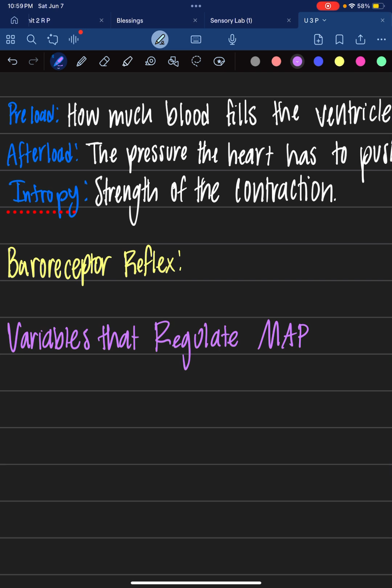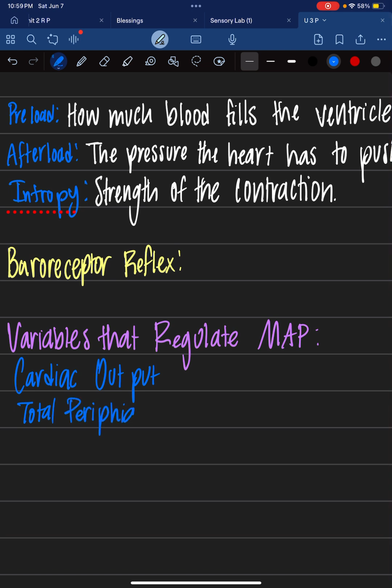It's regulated by cardiac output, which is how much blood the heart pumps, and then total peripheral resistance, and how narrow or wide the blood vessels are, and also blood volume.